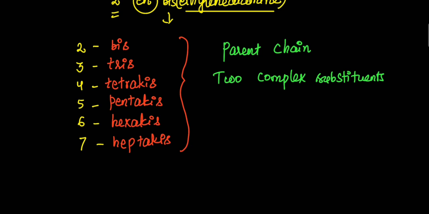To name such complex substituents, if there are two such identical complex substituents, we use bis. By naming bis, later on we will be naming that branched substituent followed by the parent chain. This will be coming in the nomenclature. So in this video it is irrelevant to take all these examples. I am only describing the prefixes. We will be seeing it in the nomenclature in the further videos.